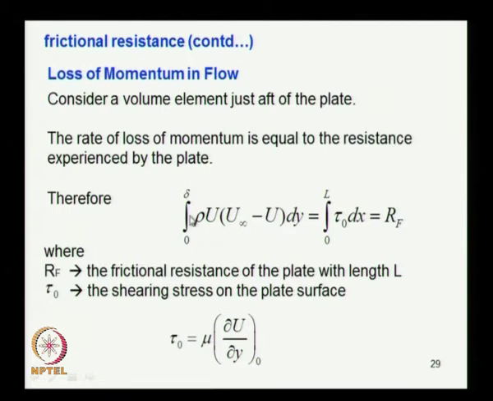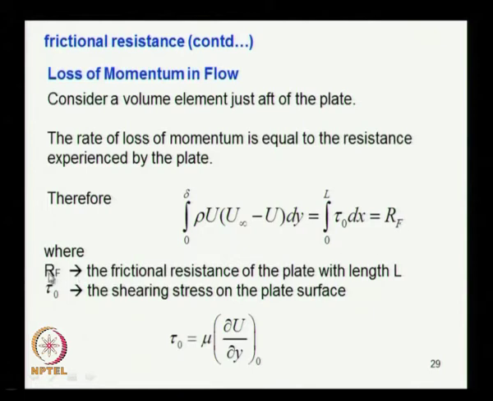So here you can see that this represents the momentum change of the fluid component. This is integrated over the boundary layer thickness, delta being the boundary layer thickness. This is equal to the total shear stress integrated over the length of the plate, which gives the total resistance force, that is due to the frictional force.